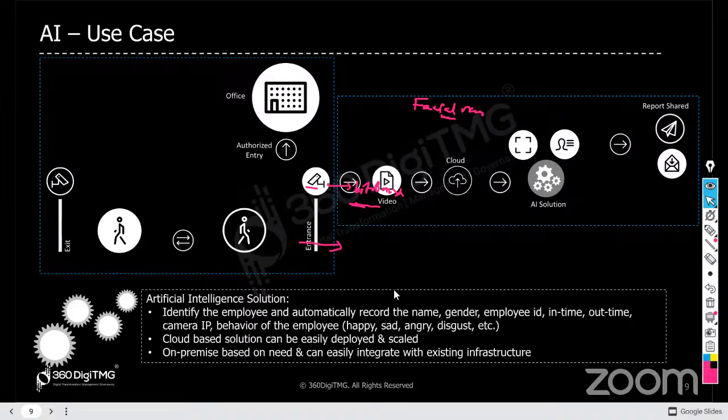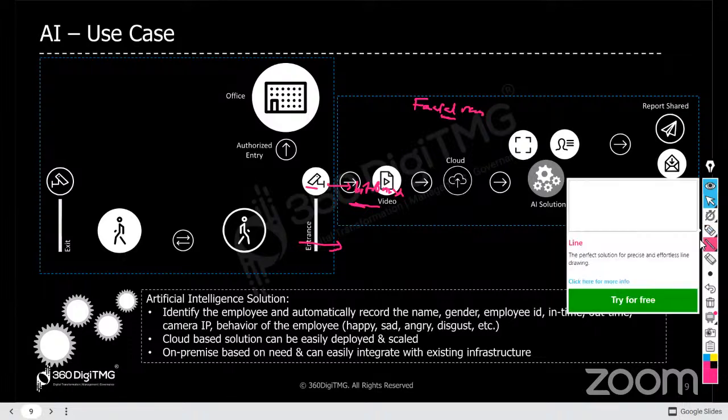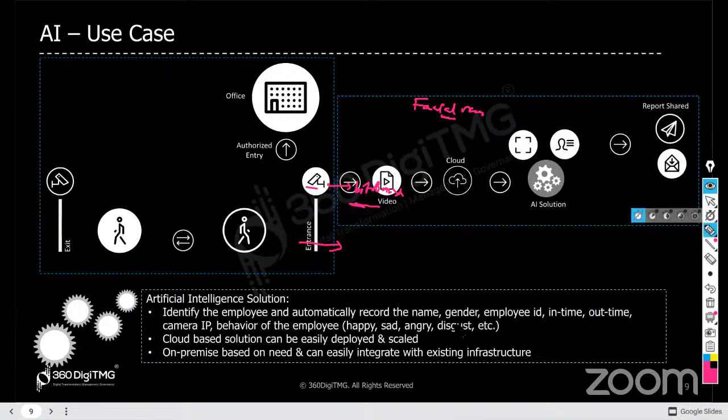The artificial intelligence solution identifies the employee and automatically records the name, gender, employee ID, in time, out time, camera IP address, and behavior of the employee. Basically, we observe from the CCTV footage the person's details, whether he's an employee or not, what his ID is, and whether his in time and out time are correct.